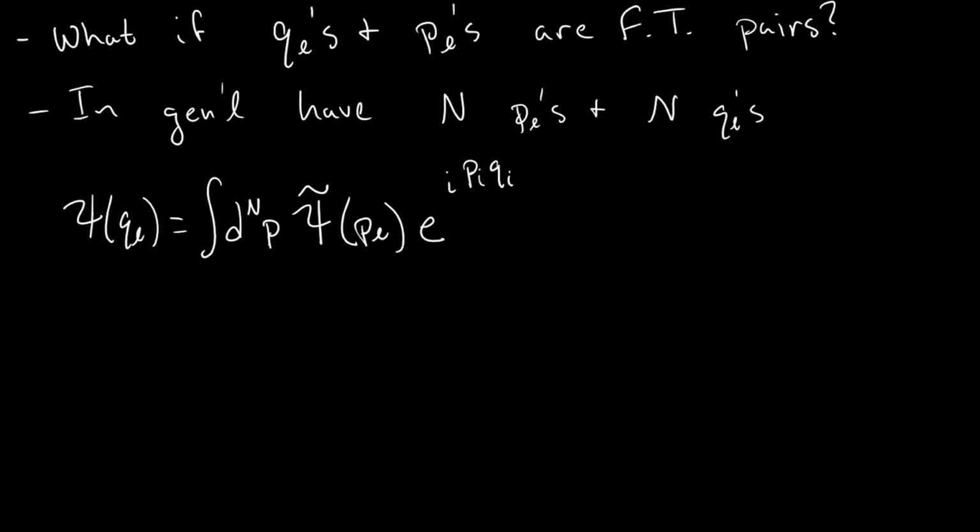But here we have to be a little careful because the term in an exponent has to be dimensionless. It can't have units to it. The product of a momentum and a position will not give me something dimensionless. It will not give me something unitless. So I'm just going to divide this by some constant, some number.